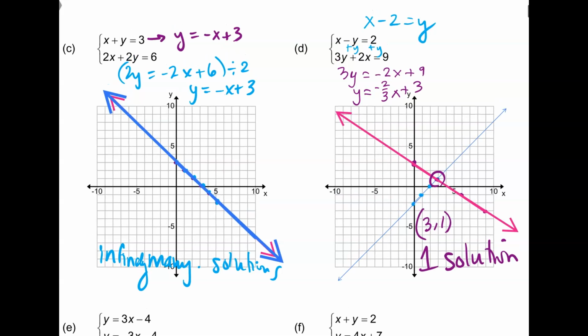Yeah, so for this first one over here, you had x minus y equals 2, so I added y on both sides. So I have x equals y plus 2, I subtract 2 from both sides, and then I get x minus 2 equals y. That's how I found this blue one. All right.